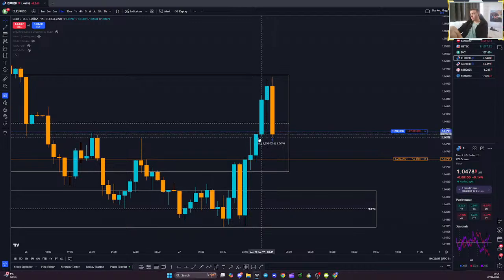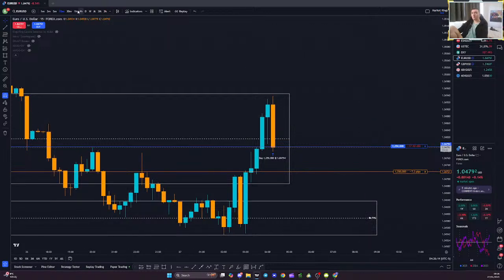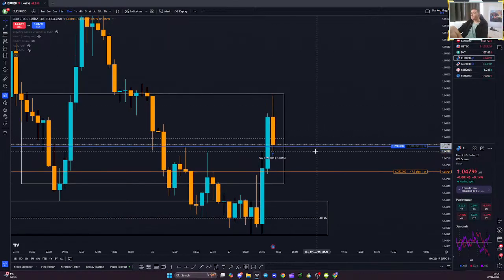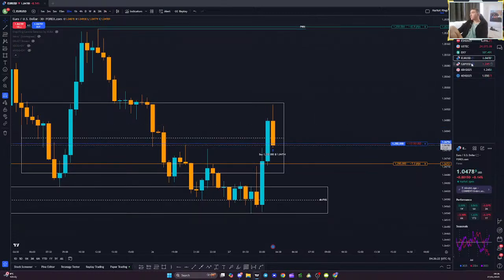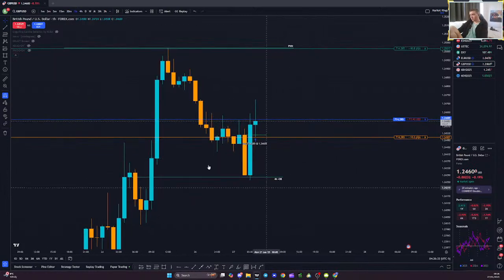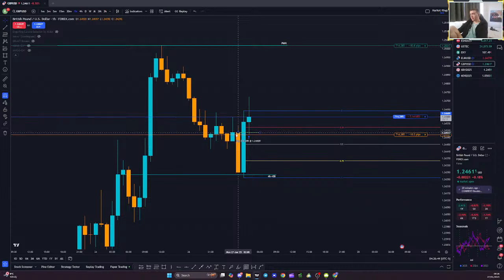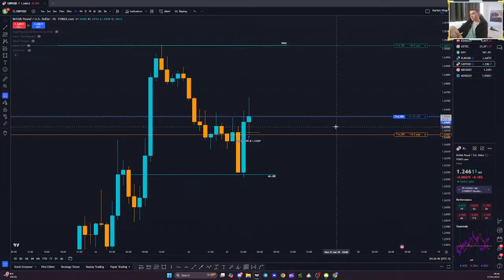Of course we did rebalance these gaps. I do like this bullish engulfing candle and the fact that we have an order block around 25% of it.